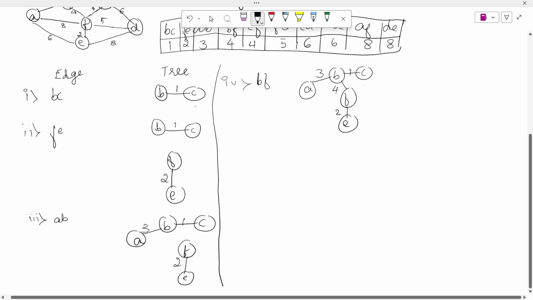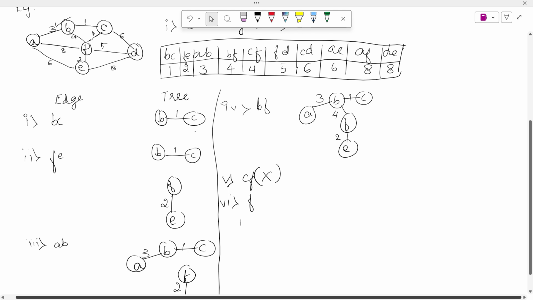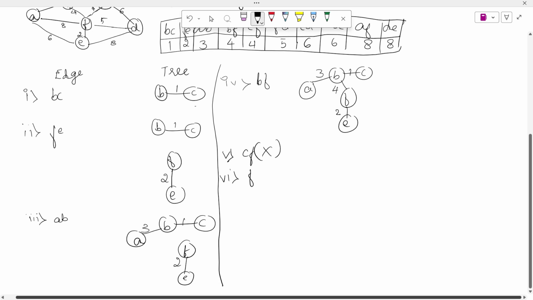Still it doesn't form a cycle. So we keep on adding the edges one by one. By taking CF, that is here, it forms a cycle. So this is not taken. Let us skip that edge and then we'll take FD and then CD.